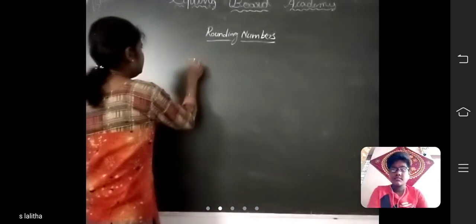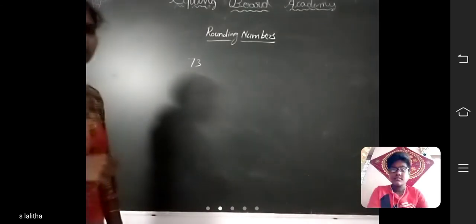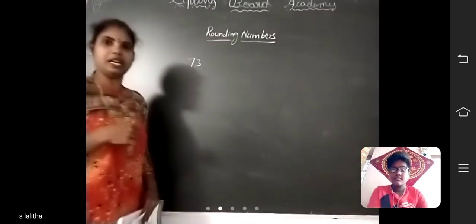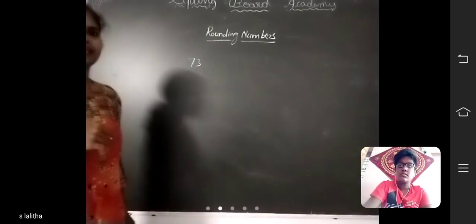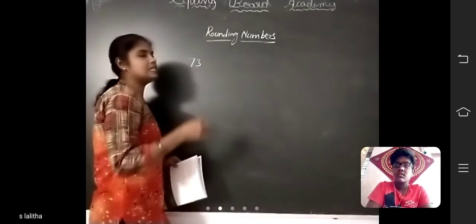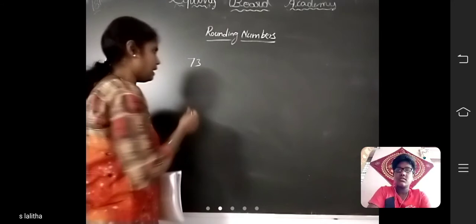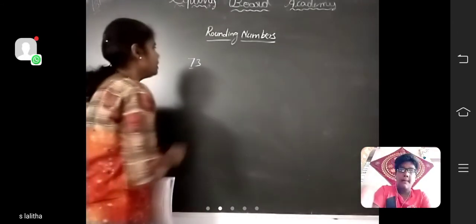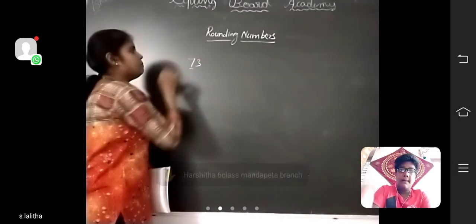Suppose, say one example, 73 is there. What is the rounding of number 73? Nearest tenth. You have to check the tenth place. 7 is there, and the right side number is 3.